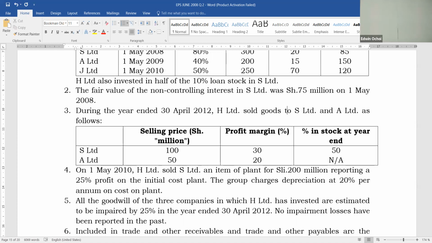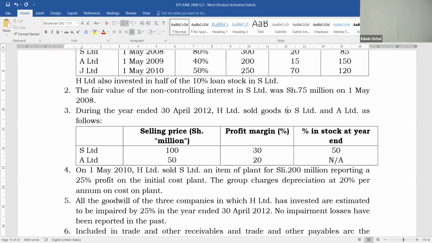Because now you will find that the profit of H is overstated, because H never realized everything concerning those goods, because the goods were not entirely resold. So we need to check the unrealized profit on those goods. We call it UPS, unrealized profit on stock, so that once we have that one, I will adjust accordingly.